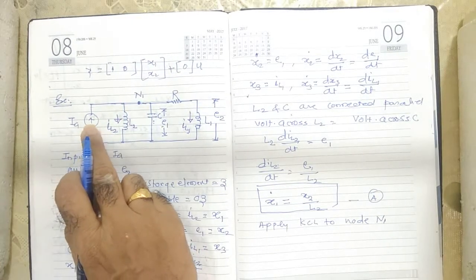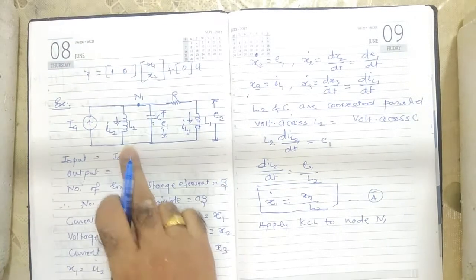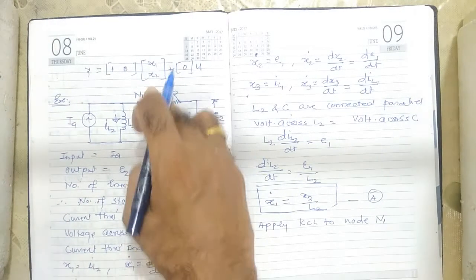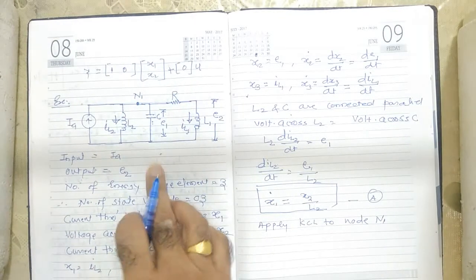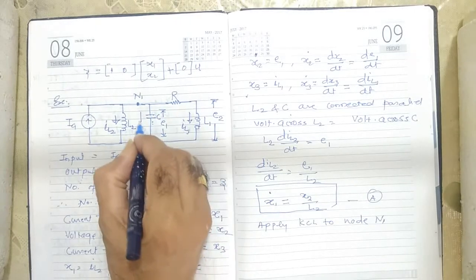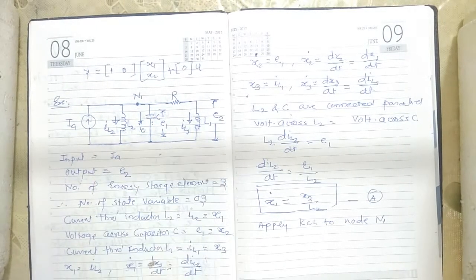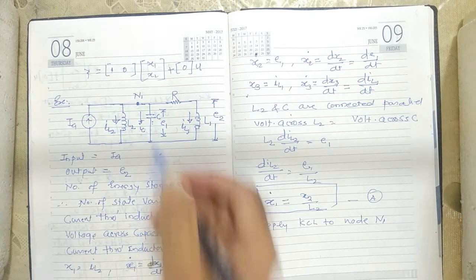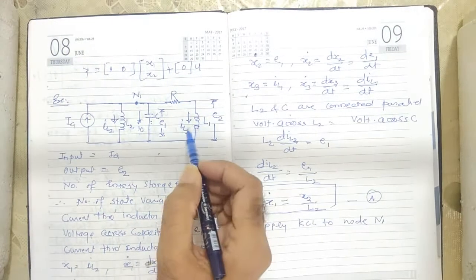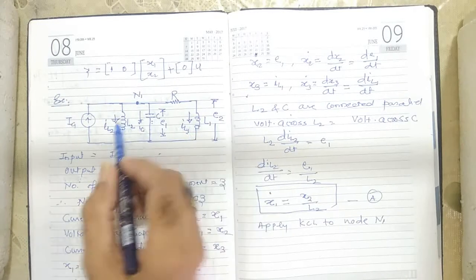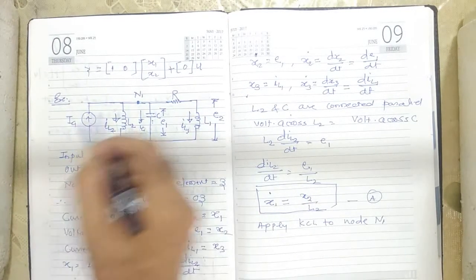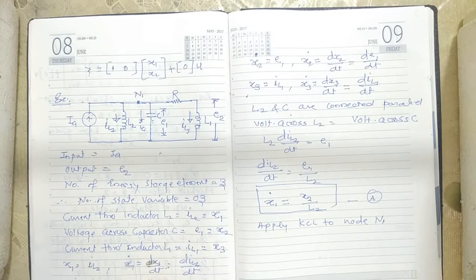How many currents are connected to this N1? IA is the incoming current. The outgoing currents are IL2, IC, the current flowing through the capacitor in the assumed direction, and IL1. So IL2, IC and IL1 are the three outgoing currents, and IA is the incoming current to the node.